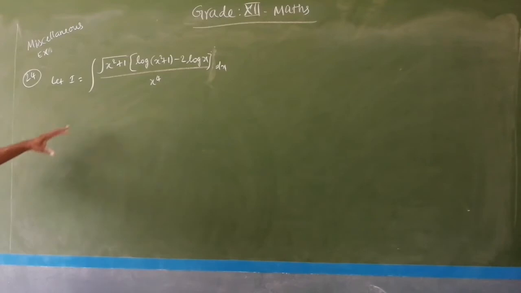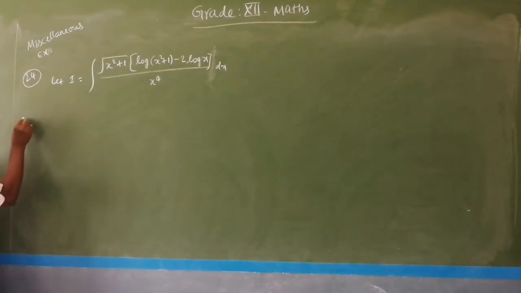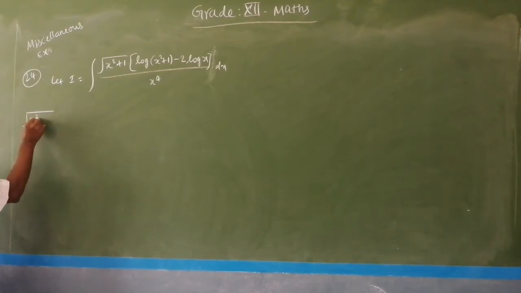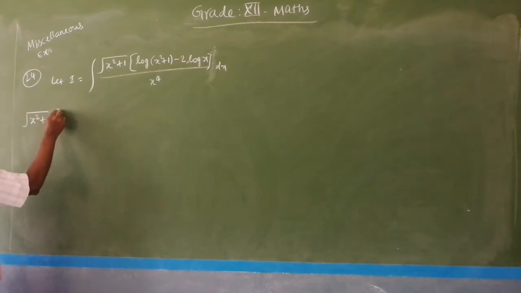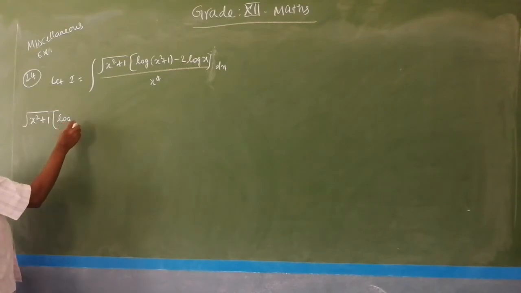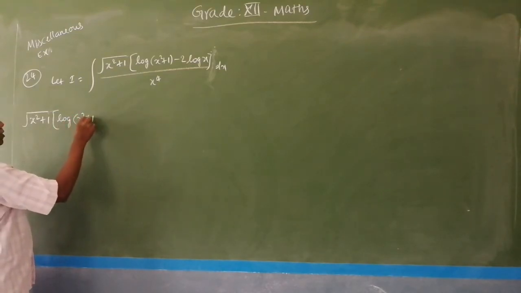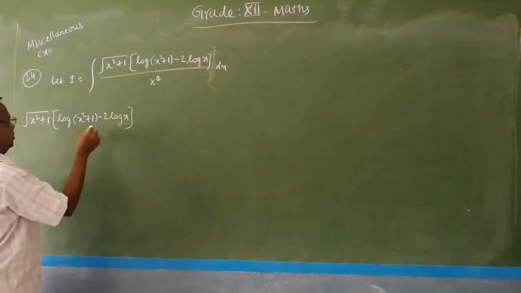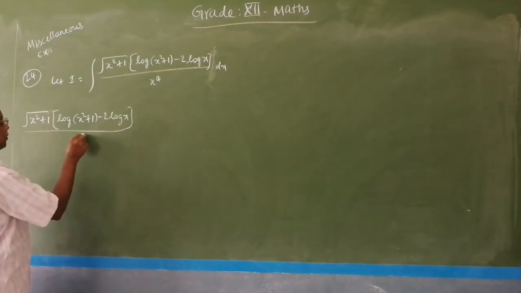So we need to simplify this. Let us take the integrand root of x square plus 1 into log of x square plus 1 minus 2 log x divided by x power 4.